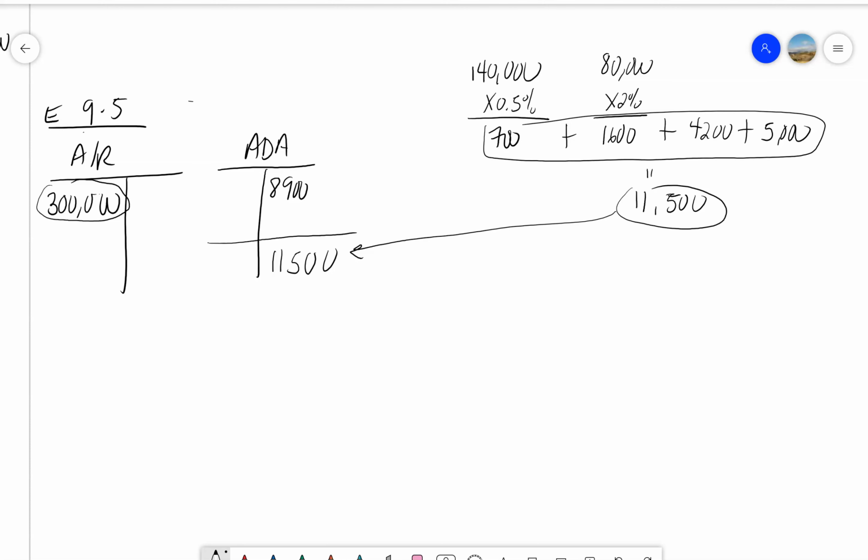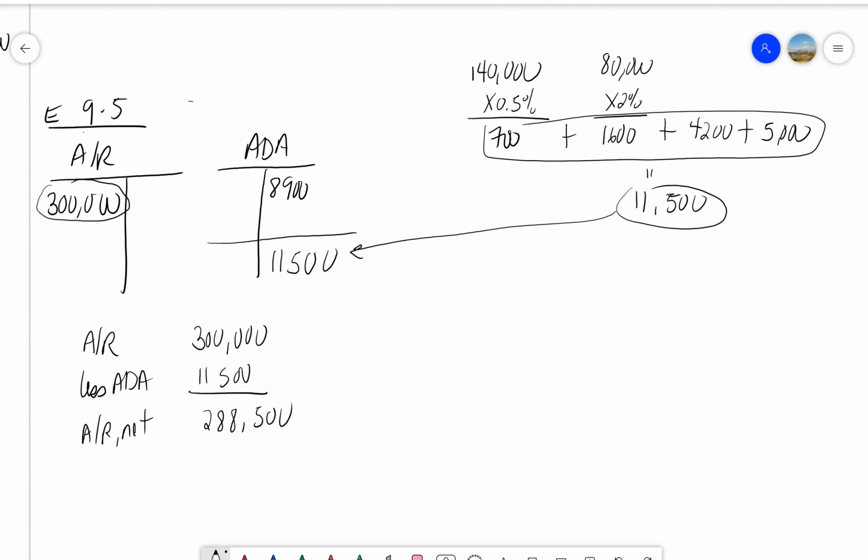We want our balance sheet to show the full accounts receivable less the amount we think will be uncollected. And so our accounts receivable net on our balance sheet at the end of this year should be $288,500.